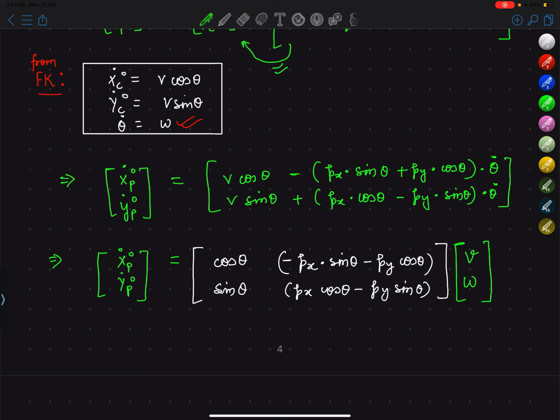Alright, so what is this relation? Can you figure out? This relation is actually the inverse kinematic relation for differential drive.